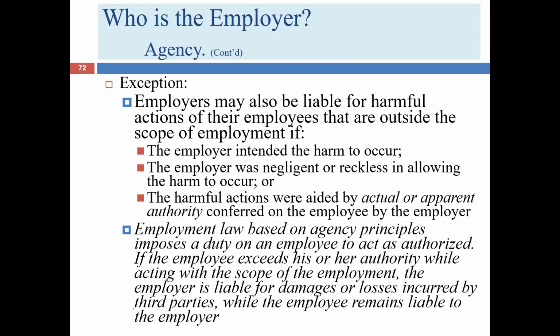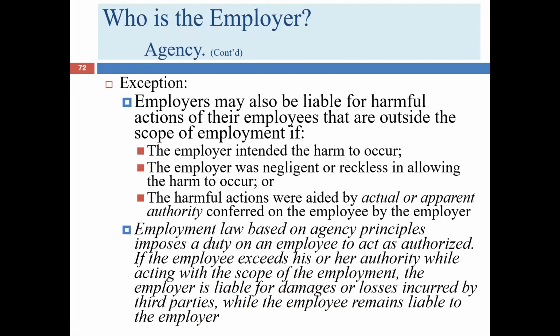Let's consider this paragraph right here. Employment law based upon agency principles imposes a duty on an employee to act as authorized. So I'm supposed to follow the instructions that I'm getting from my supervisor. If the employee exceeds his or her authority while acting within the scope of the employment, the employer is liable for damages or loss incurred by third parties, while the employee remains liable, of course, to the employer.